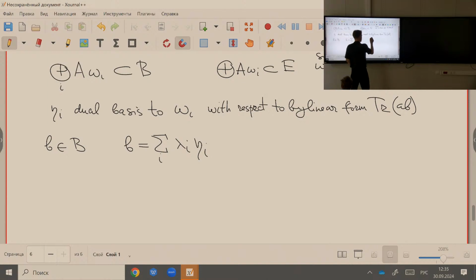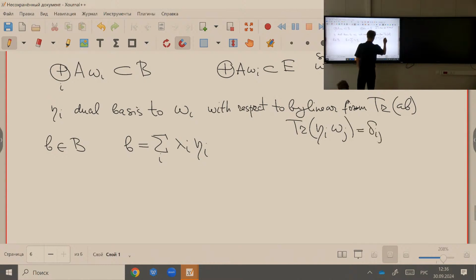Yeah, so let me recall that a dual basis is just: you have trace(omega_i eta_j) equal to the Kronecker symbol. Yes?